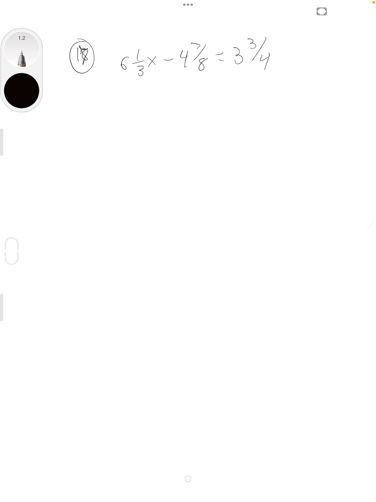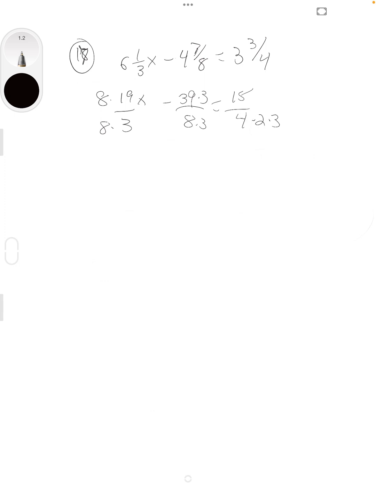Okay, 6 times 3 is 19, so 19x over 3 minus 4 times 8 is 32, plus 7 is 39 over 8 equals 12 plus 3 is 15 over 4. I need a common denominator, so I'm going to multiply this one, top and bottom, times 8. And then this one, top and bottom, times 3. This one, top and bottom, times 2 times 3.